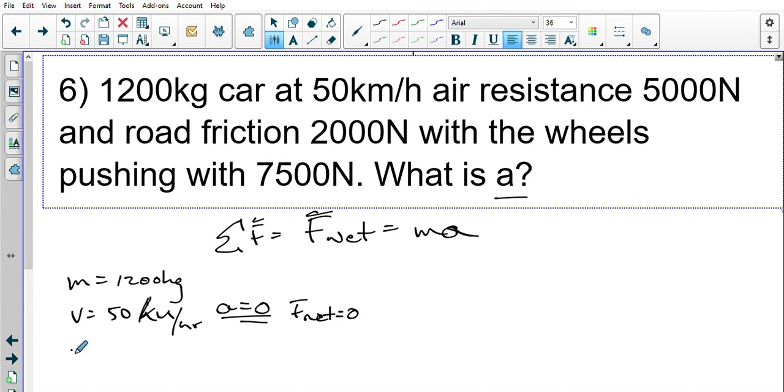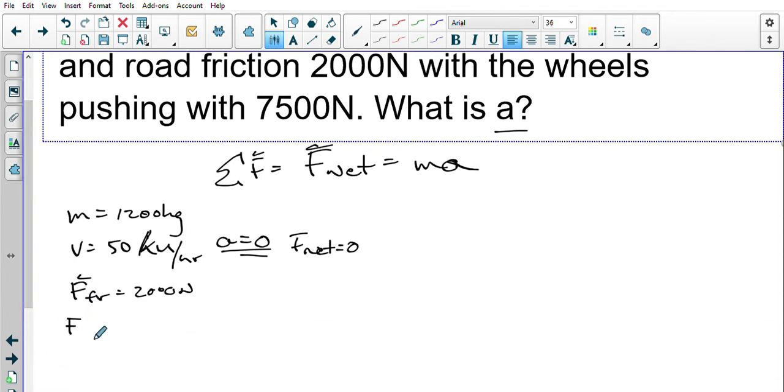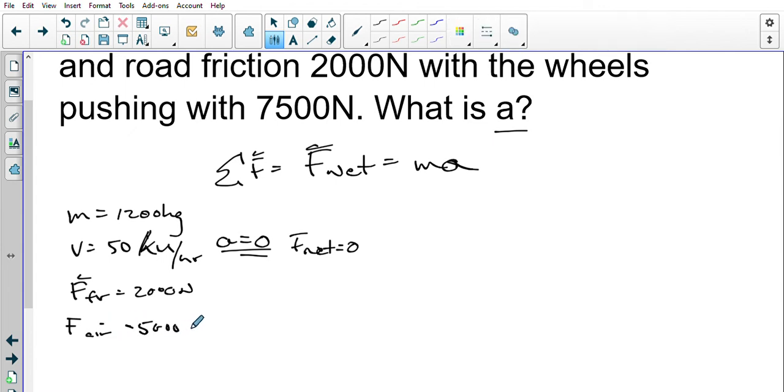Right, so we have road friction, F friction, that's equal to 2,000 newtons. We have the friction of air, that's equal to 5,000 newtons. And then we have the force of the wheels, of the push, and that's equal to 7,500.